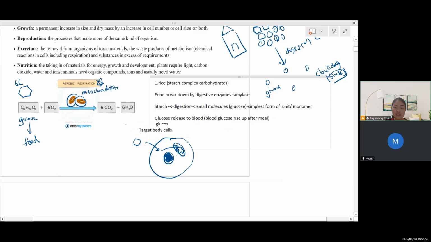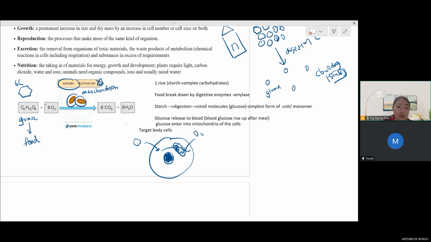The mitochondria will carry out the process known as aerobic respiration. That's why they draw the mitochondria here, because the mitochondria perform this process, aerobic respiration. So the glucose will enter into the mitochondria, together with what? Together with the oxygen input to the body cell.